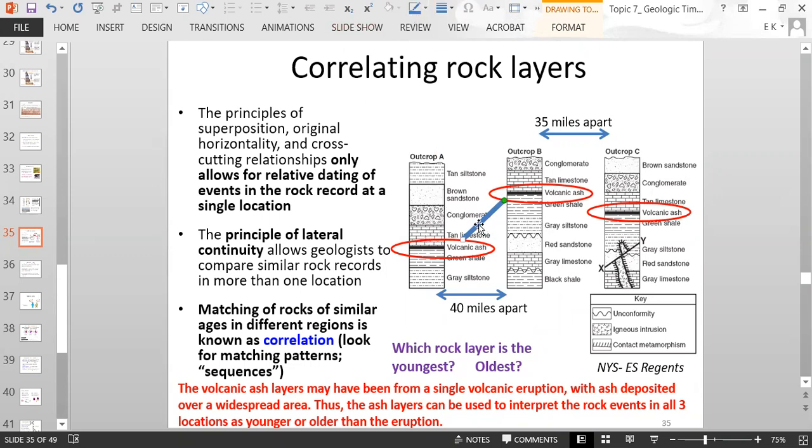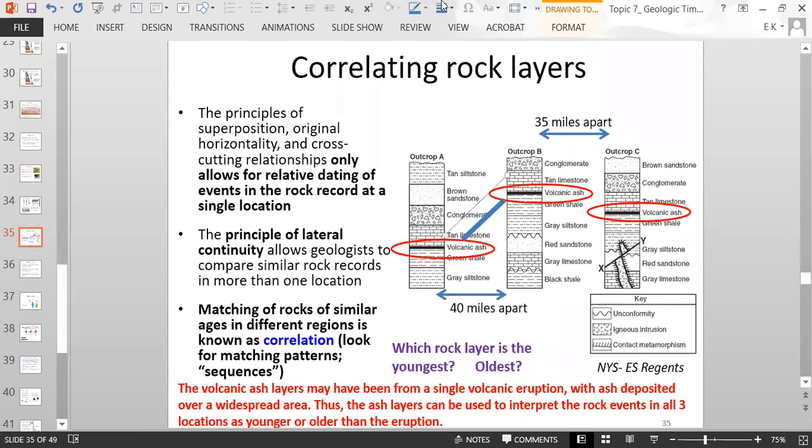Okay, and that helps us because above the volcanic ash, you have tan limestone, conglomerate, brown sandstone, and tan siltstone. Now, what about in outcrop B? You have tan limestone and conglomerate. So those match, right?